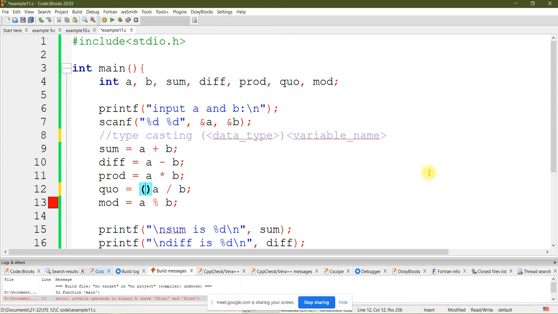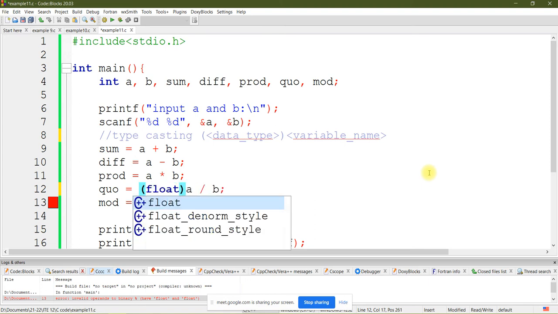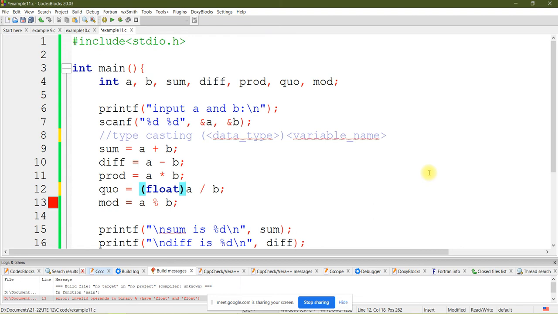But in this case, let us try to convert it into float. Now, the whole output can be converted into float.